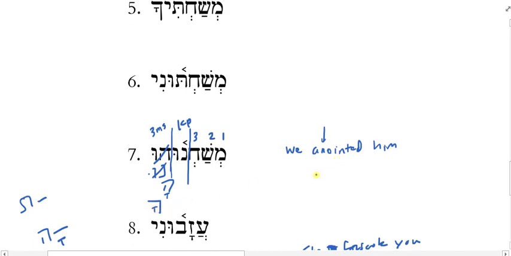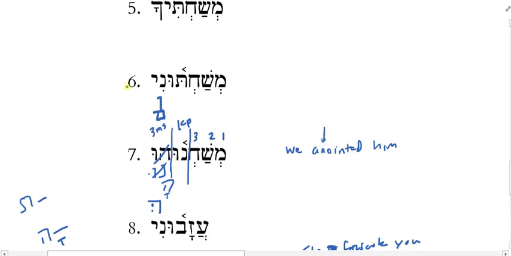We anointed you, man. And mashachnukh, silent shva. We anointed you, woman. Great. See how this works? Isn't this easy? How about mashachnum? We anointed them, men. And if it were mashachnun, it would be we anointed them, women. Okay, good. You've got it.